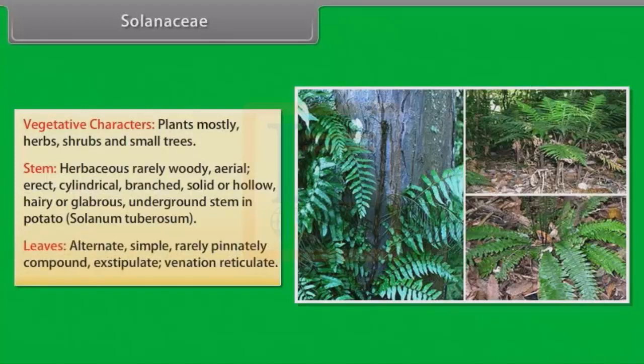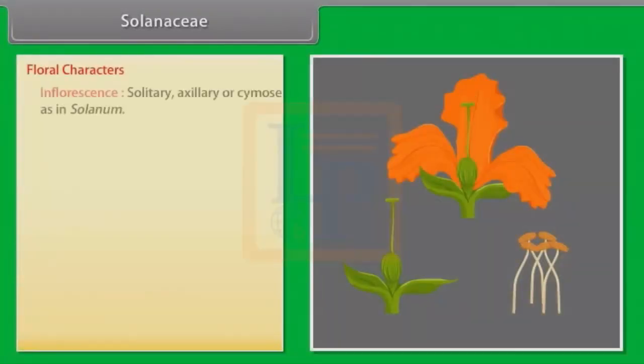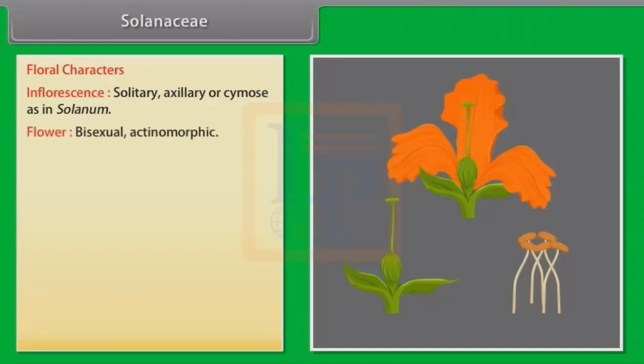Leaves alternate, simple, rarely pinnately compound, exstipulate, venation reticulate. Floral characters. Inflorescence solitary, axillary or cymose as in Solanum. Flower bisexual, actinomorphic. Calyx sepals 5, united, persistent, valvate aestivation.